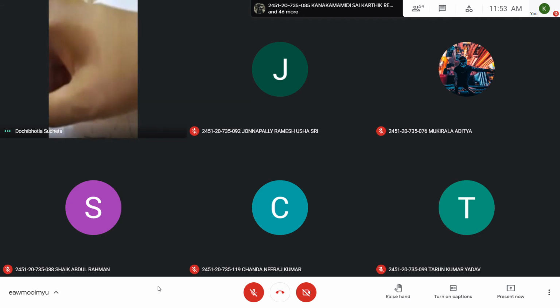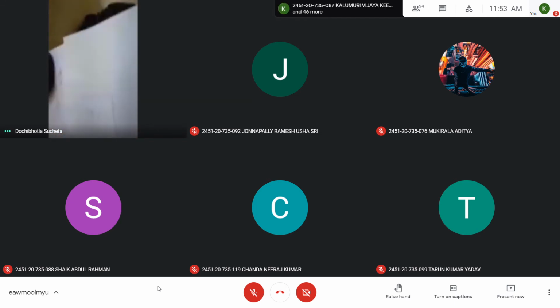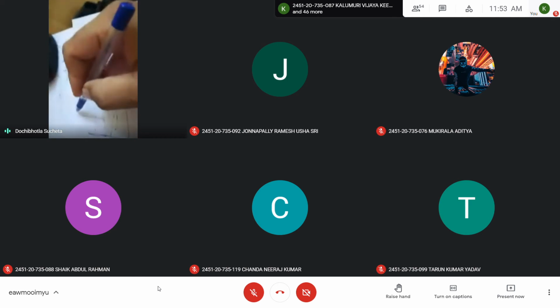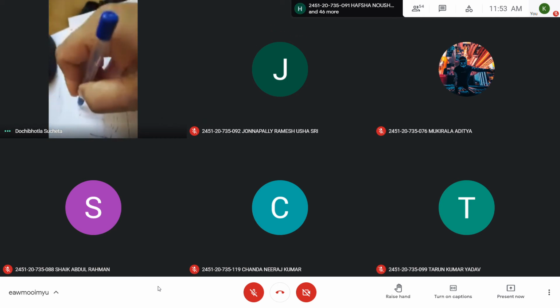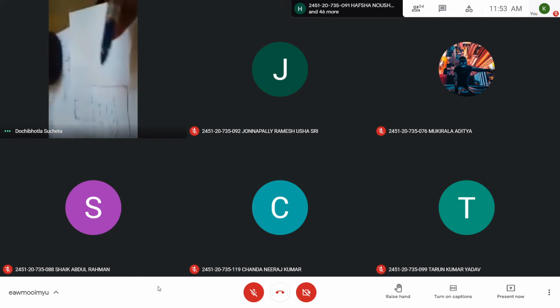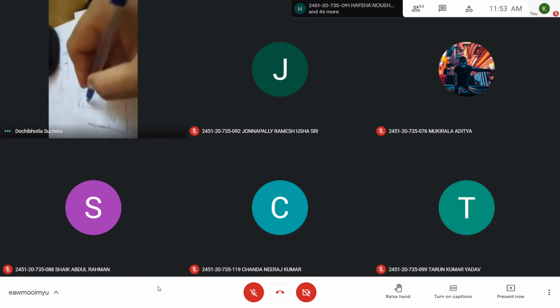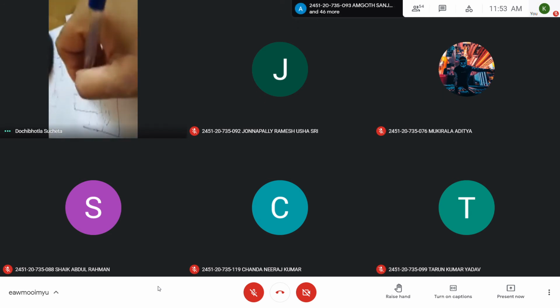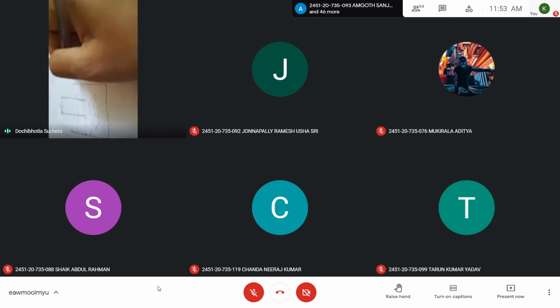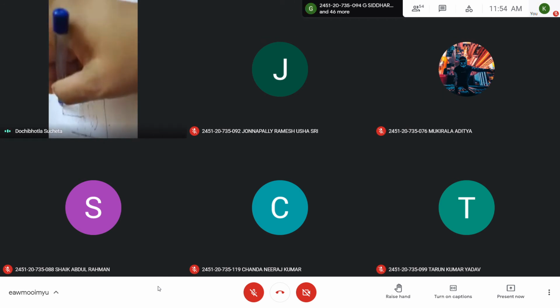And I am connecting this to a battery. So I am supplying electrical energy to the system with the help of a battery.